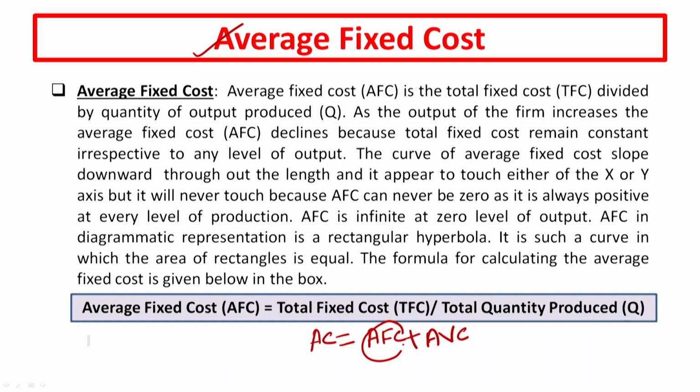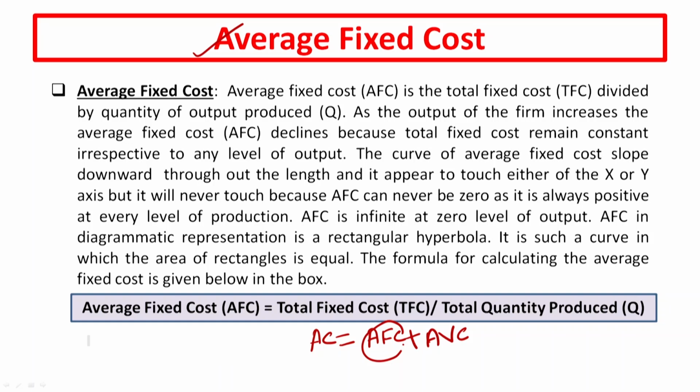But as you increase the level of output, because this fixed cost remains constant, with every increase in unit of output, the per unit fixed cost will start diminishing. That is why average fixed cost falls initially and gets lower and lower. It signifies that with every increase in output, the per unit average fixed cost is getting reduced.